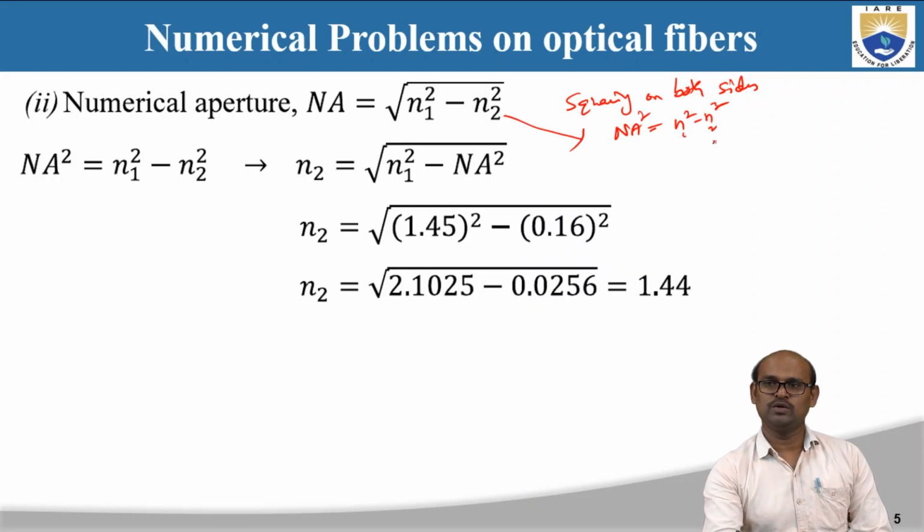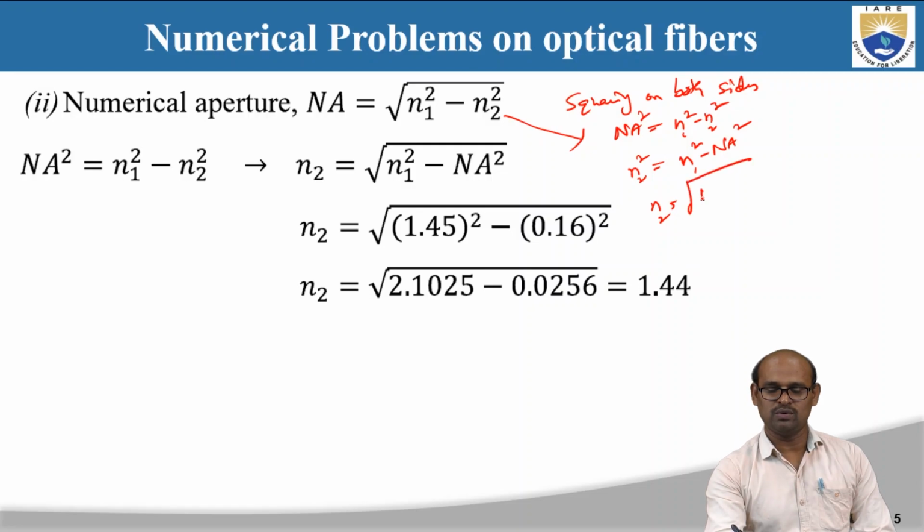So n2 square is equal to n1 square minus NA square, and n2 is equal to square root of n1 square minus NA square.